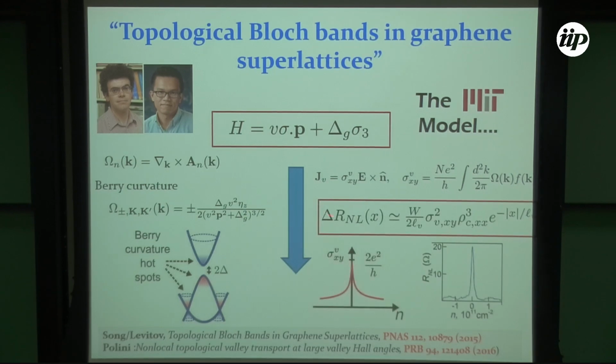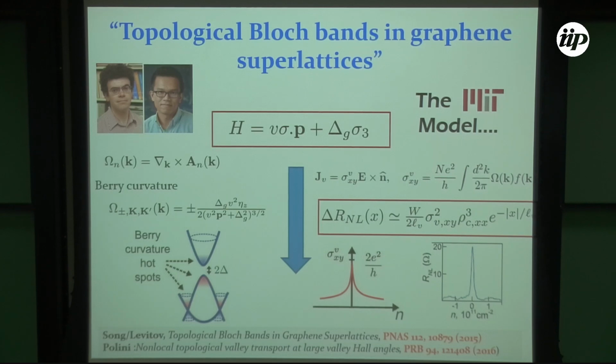So there is a possibility to connect semiclassical transport theory, the non-local resistance, to this valley Hall conductivity and the longitudinal resistivity, which are parameters of the device, and this LV is a valley diffusion length.